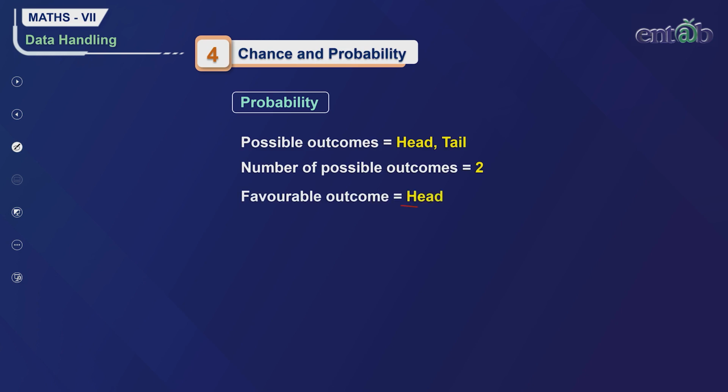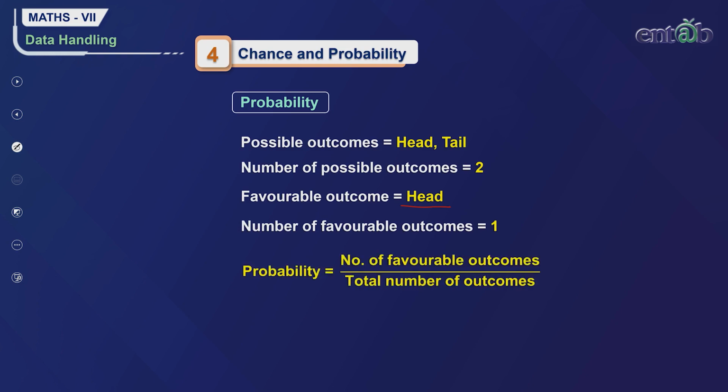That is getting a head. So, how many favorable outcomes are there? That is 1. And we know that the probability of an event is the number of favorable outcomes upon the total number of outcomes. So, the probability of getting heads will be 1 upon 2.